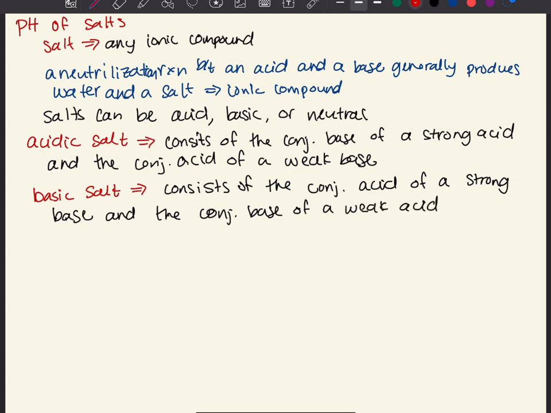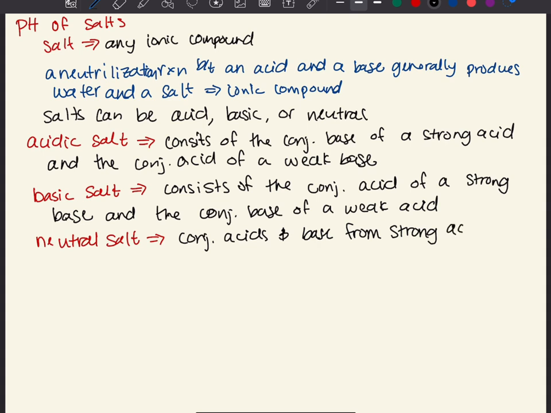Now, if you have a neutral salt, it is going to have the conjugate acids and bases from strong acids and bases.